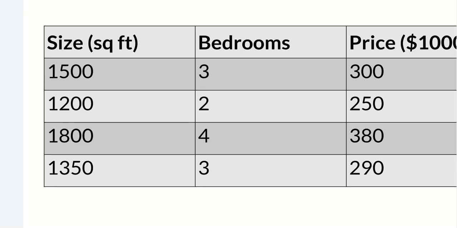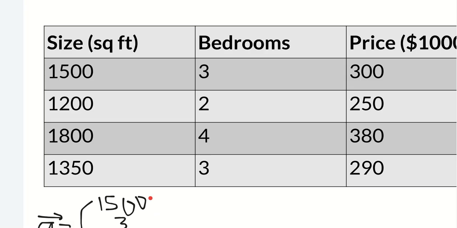So we said we can use a vector to represent this. If I have a vector called A1, which I can use to represent the first observation, which is 1,500, then the bedroom is 3, then maybe the price is 300, right?